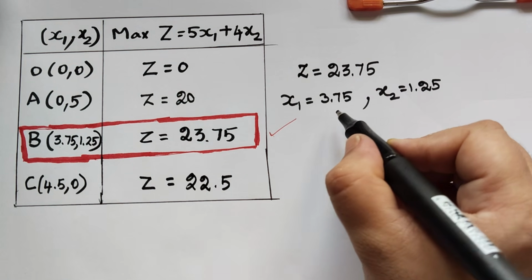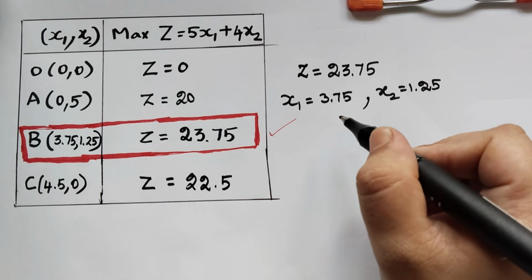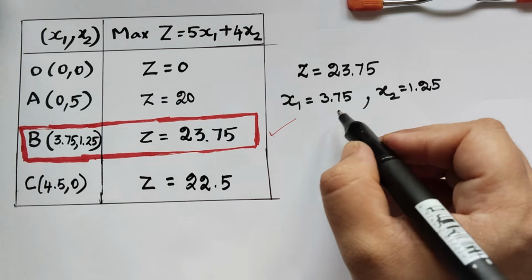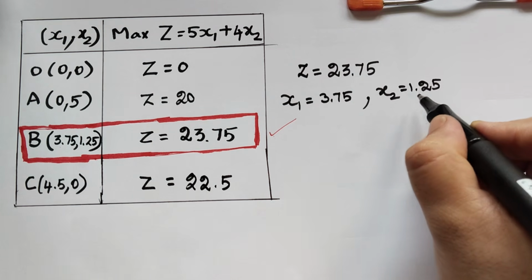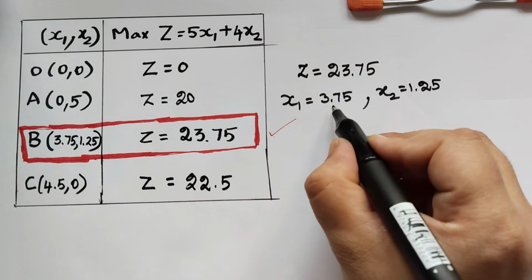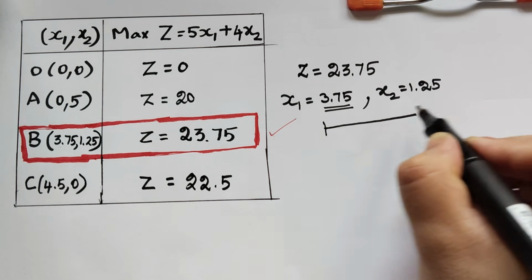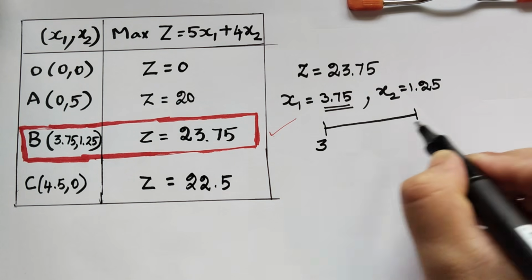Now we have to divide this problem, that is we have to find subproblems for this. How are we going to do that? Now out of these two values, which is the largest one? It is 3.75, and this 3.75 lies between 3 and 4.